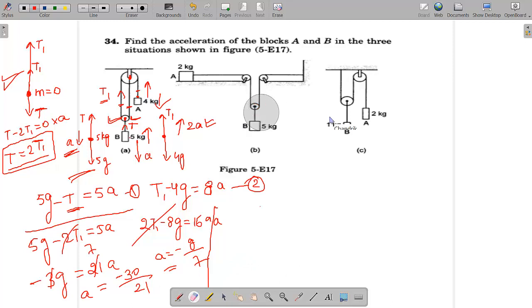Now what about the second question and the third question? We will not solve it fully. We'll just ask you what are the forces acting on the blocks. So what are the forces acting on the 5 kg block?